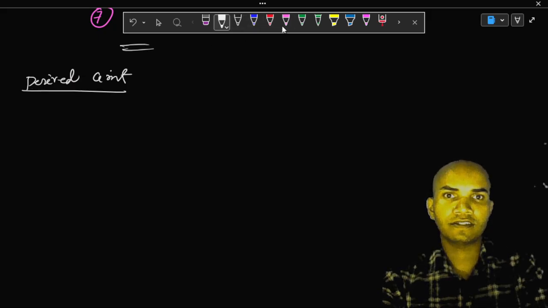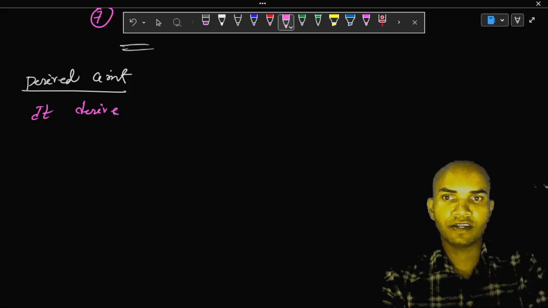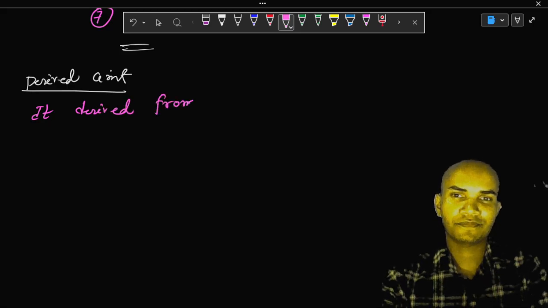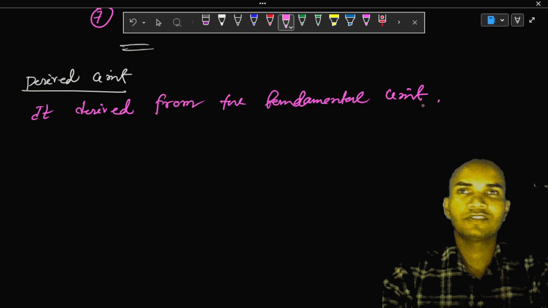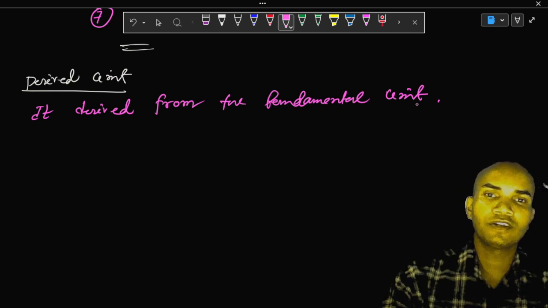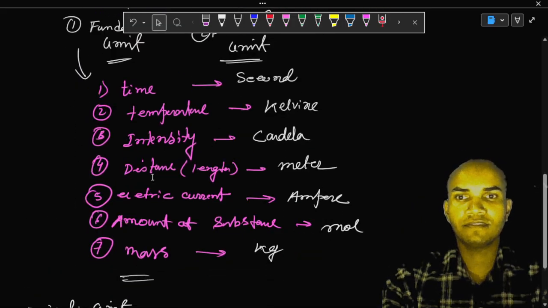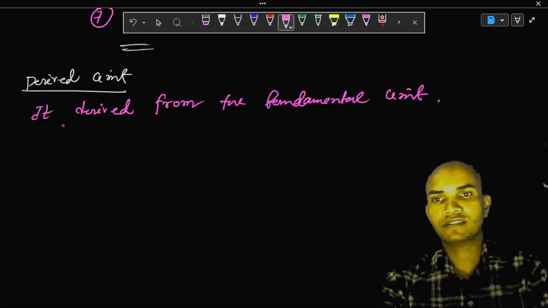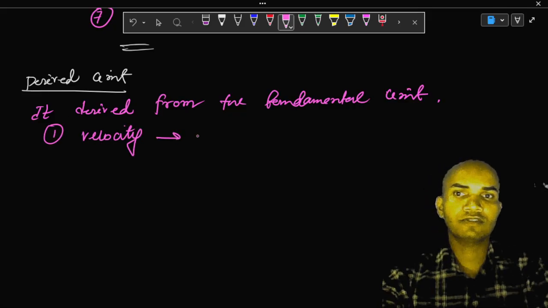A derived unit is a type of unit which is derived from the fundamental units. Given time and distance, we know that velocity is distance by time.